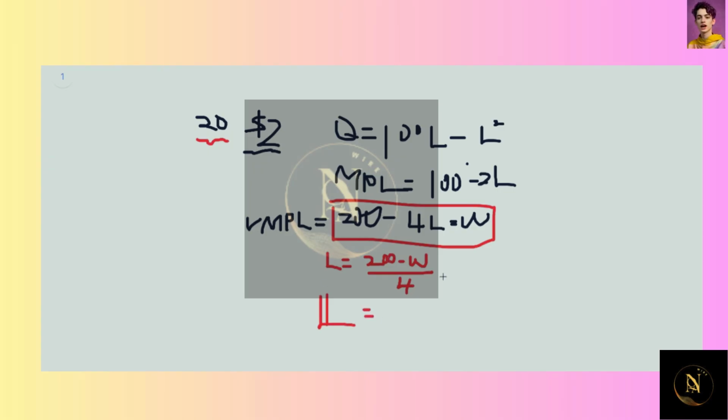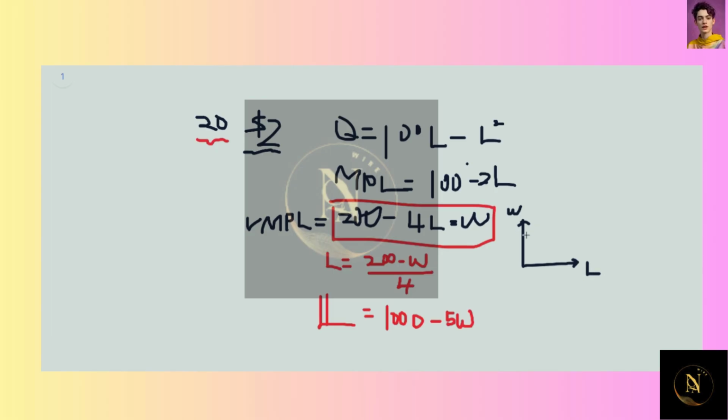So it is going to be 1,000 minus 5 times wage. So if we look at the graph, if we try to draw this equation here, it's a function of wage and labor.